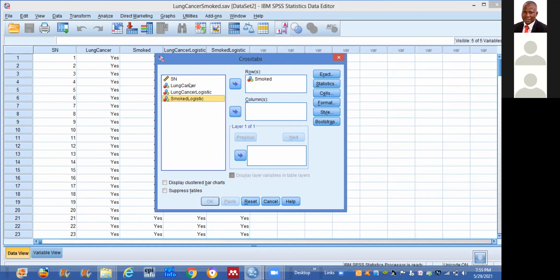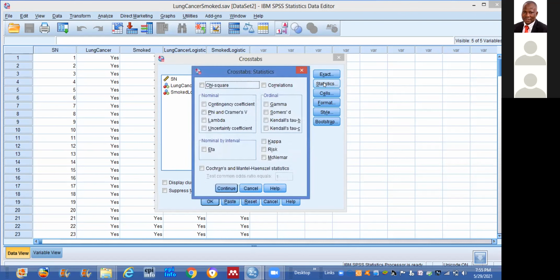Then the lung cancer. So statistics, risk. No, both of them are measures of risk also. Why? Odds is a proxy to risk. Yes, I see now. It's risk, okay. Odds is like acting as risk.